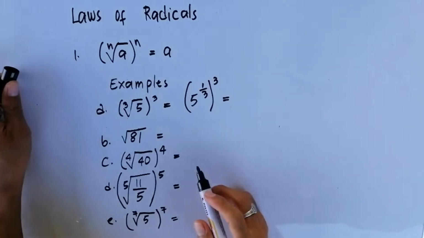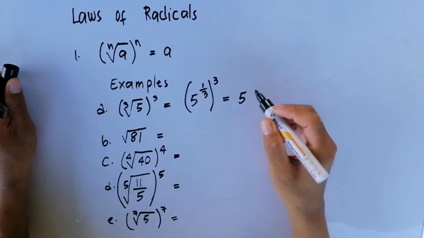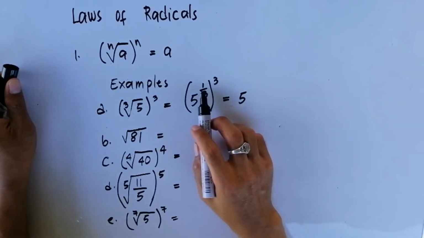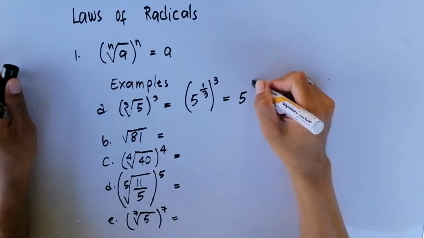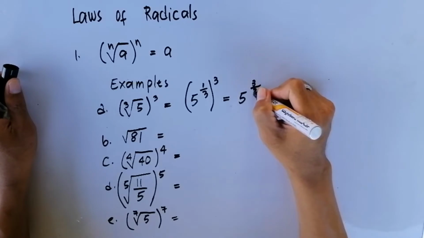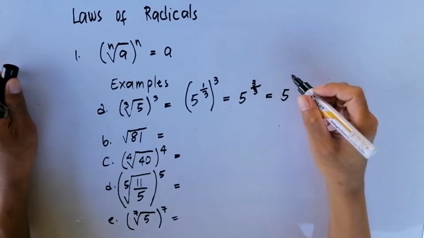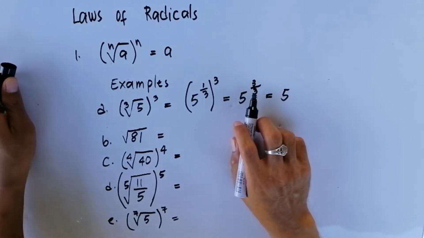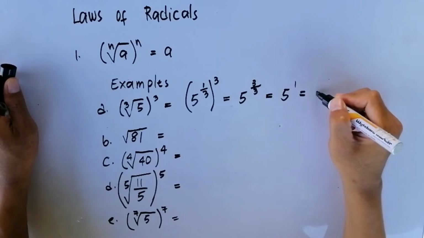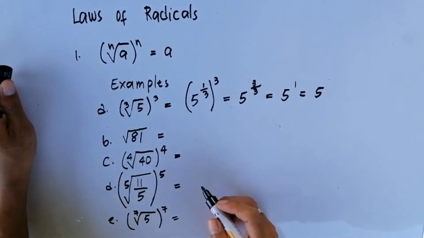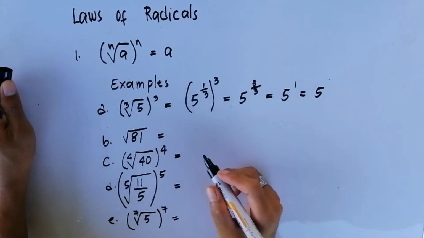Next, multiply the exponents, so we have 5 raised to 1 times 3 over 3, that is 3 over 3, which is 5 raised to 1, so simply 5.